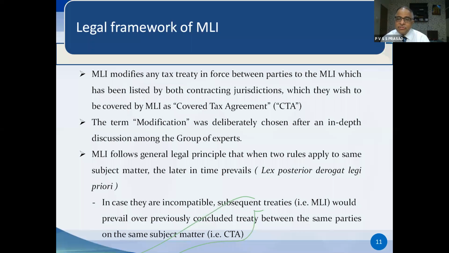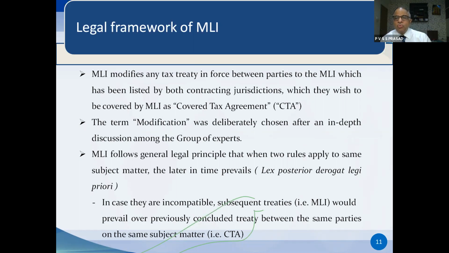What is the Vienna Convention? The Vienna Convention was signed in 1969 by various countries as to how international agreements have to be entered into, what are the principles, what are the rules. After entering into international agreements, how you have to honor those agreements in good faith. Even a tax treaty is also an international agreement.